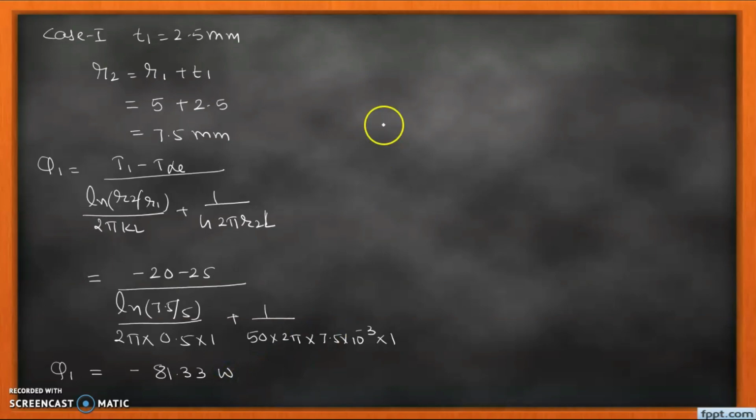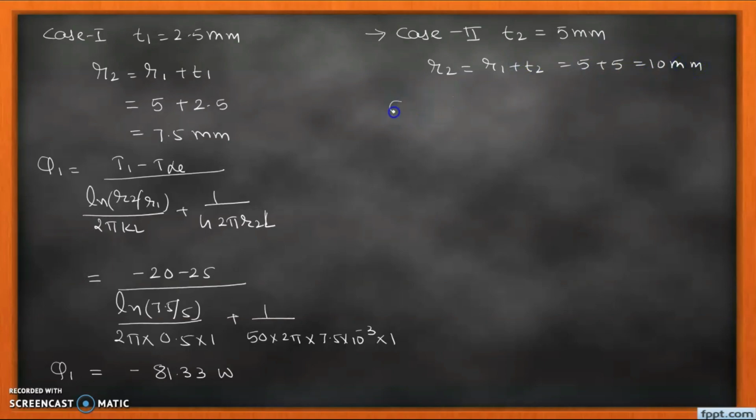Similarly, we are able to calculate the heat gain in case 2. For case 2, we need to take the thickness, which is 5 millimeter. So we calculate R2, which is equal to R1 plus T2. So it becomes 5 plus 5, which is equal to 10 millimeter.